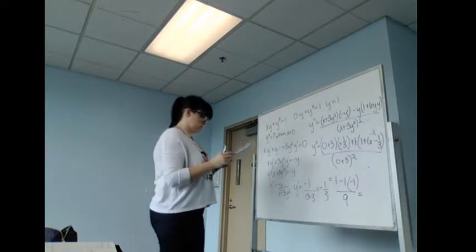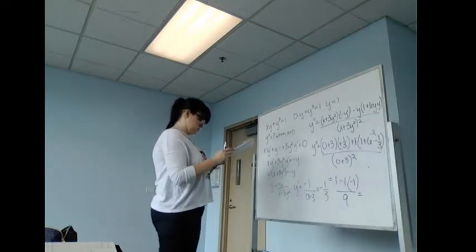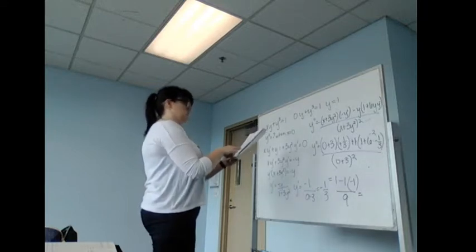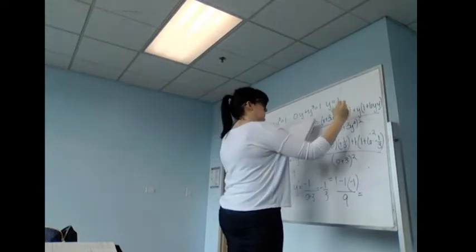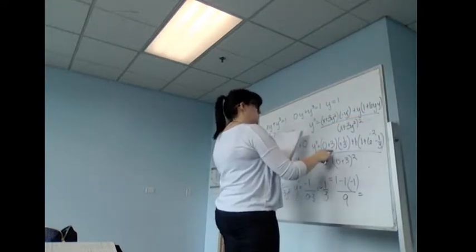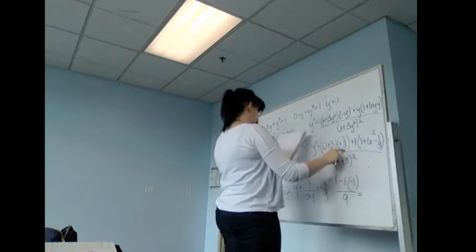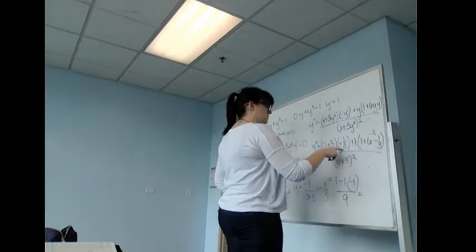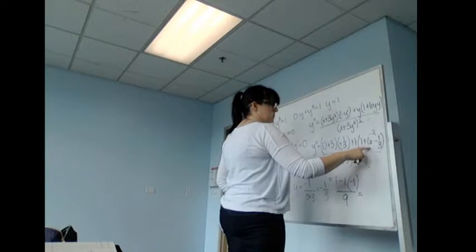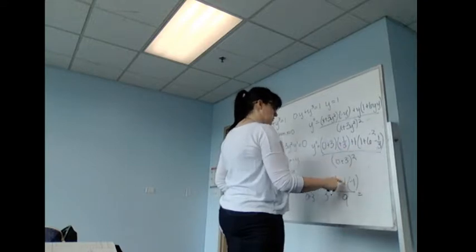I didn't square that. Negative y prime. Okay. Minus negative y. Oh, I made a mistake there. That's 1/3. 6 times 1. Negative 1/3.